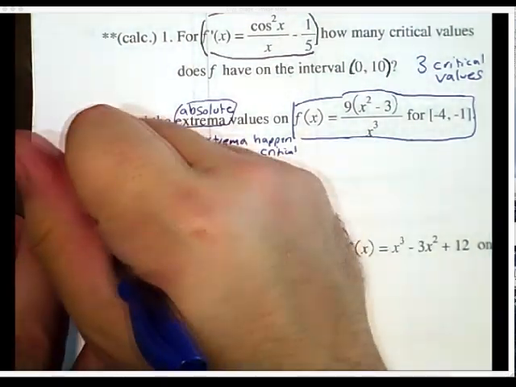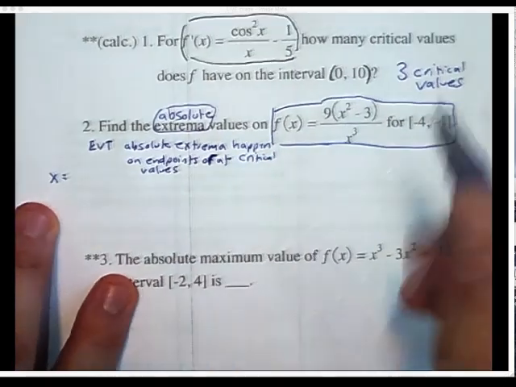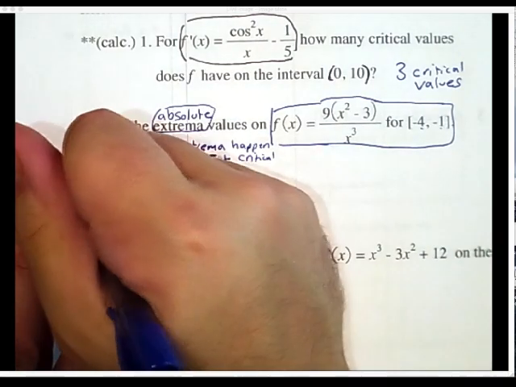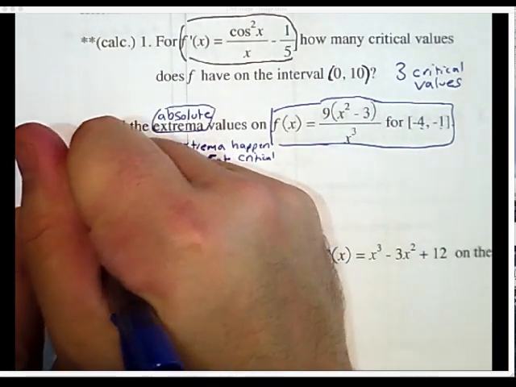Okay, so right now I have at least 2 numbers to test. My endpoints, my x values are -4 and -1.